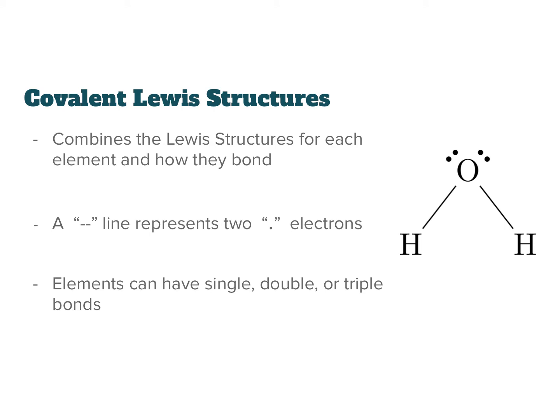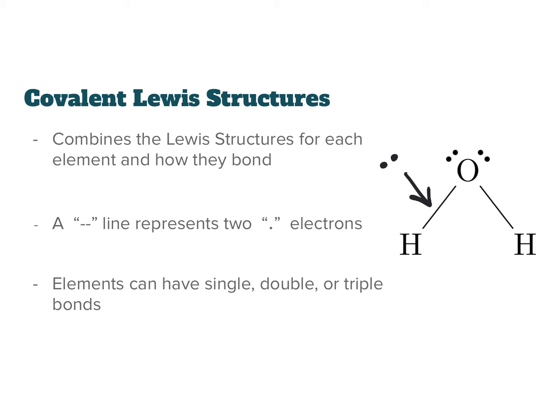This leads us into covalent Lewis structures. This is going to be the little electron dot diagrams for each element and how they bond. The second thing you need to know about this is a line, like this right here, represents 2 electrons. These electrons are in a line because it shows that it's being shared between the 2 elements.